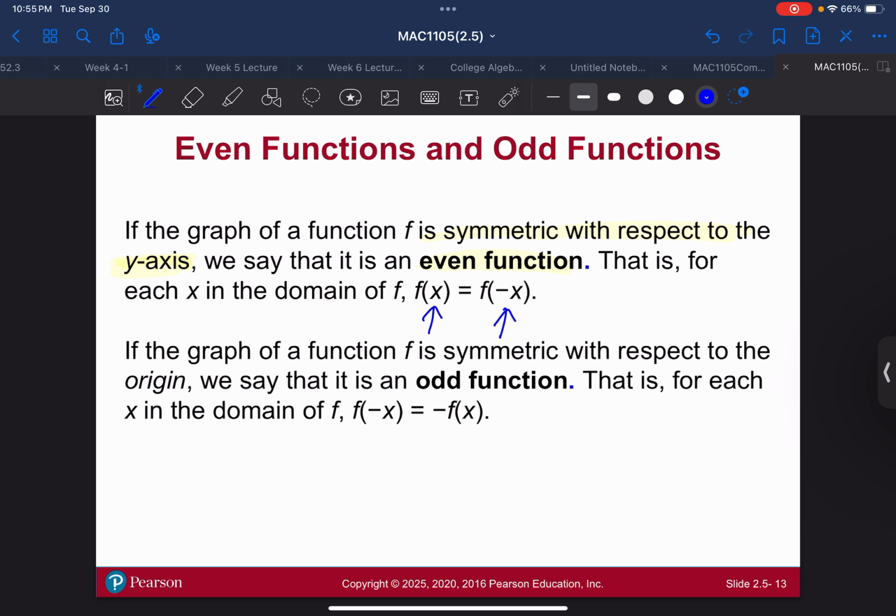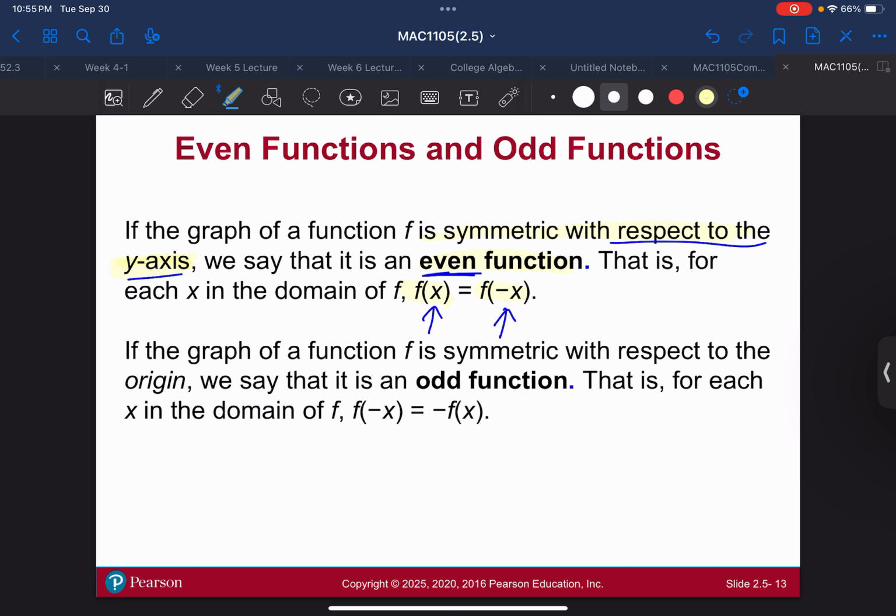And then if we got the same function, we said that it was symmetric about the y-axis. So this is the same notation here. It's just saying, hey, if I plug negative x into the function and it gives me back the original function, then it's symmetric with respect to the y-axis, and therefore it is even.